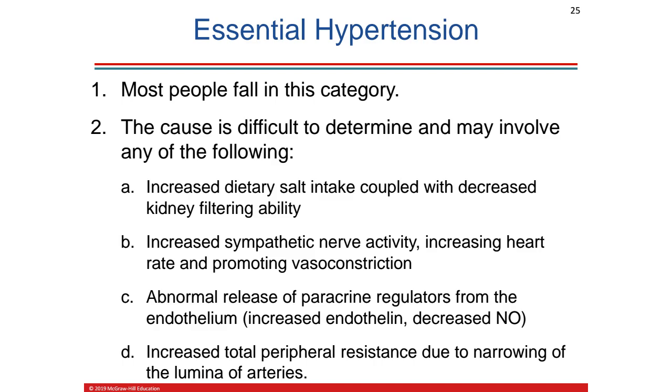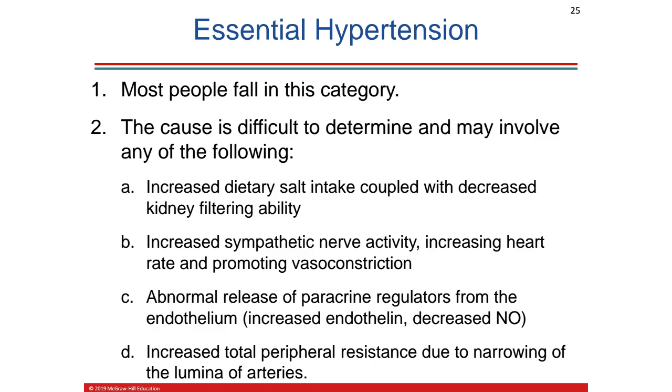Yet another possibility is you may have abnormal release of paracrine regulators from the endothelium. So, for example, you may have increased release of endothelin. This is a paracrine signaling molecule that leads to vasoconstriction. You may also have decreased secretion of nitric oxide, NO, and normally nitric oxide leads to vasodilation.